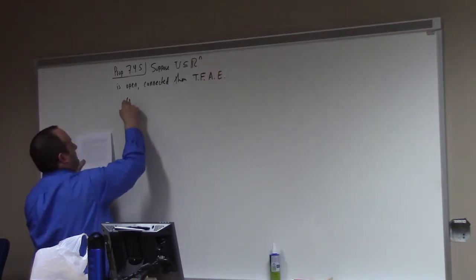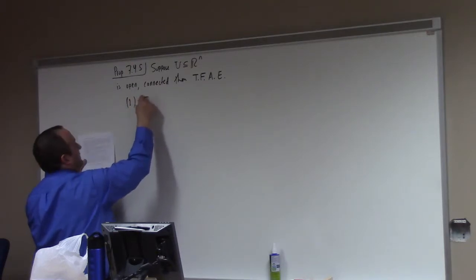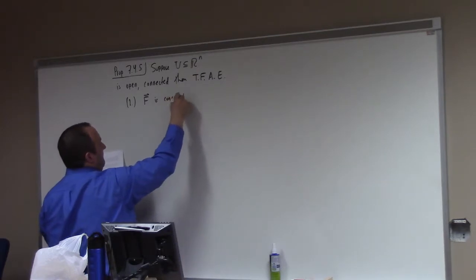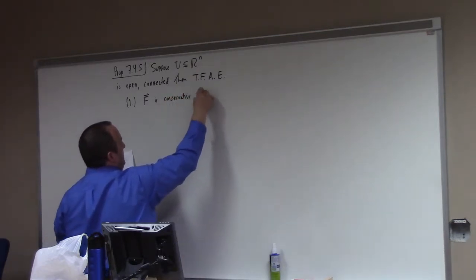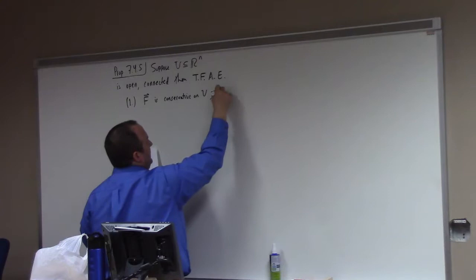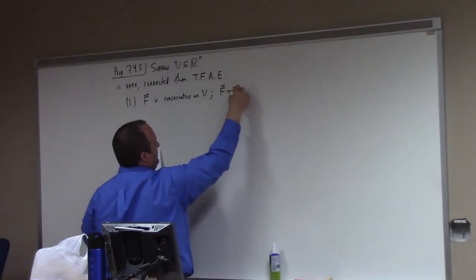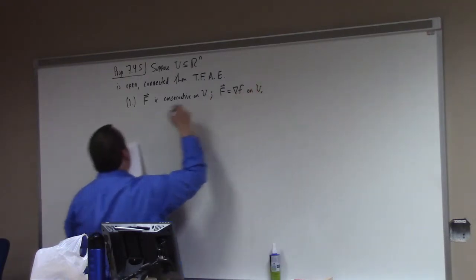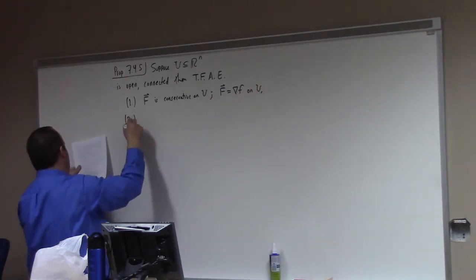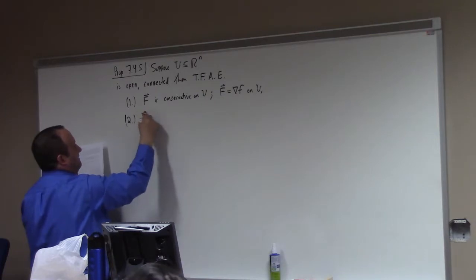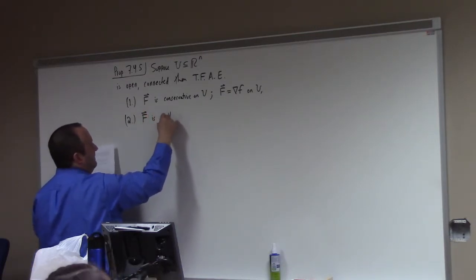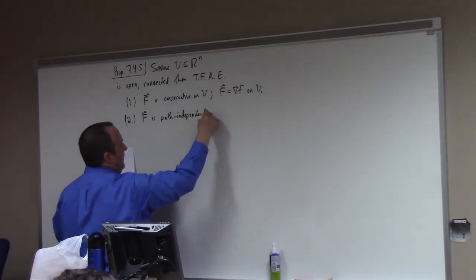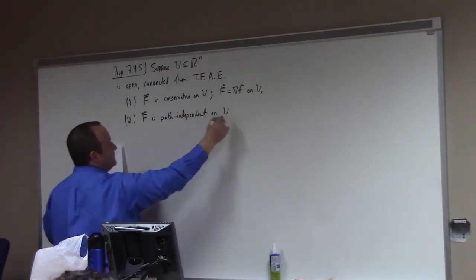Number 1, F is conservative on U, which means F is equal to the gradient of some function f on U. Number 2, F is path independent on U. All right.